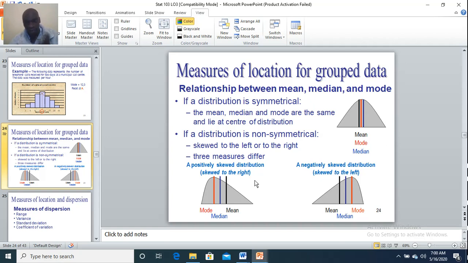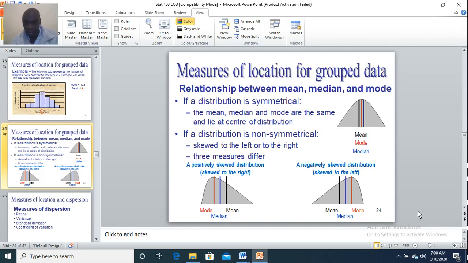Here we are plotting three things: mode, median, and mean. So it's skewed to the right. Here it's skewed to the left. Where the mean is, that is where we describe. It's skewed to the left because the mean is on the left. It's skewed to the right because the mean is on the right.